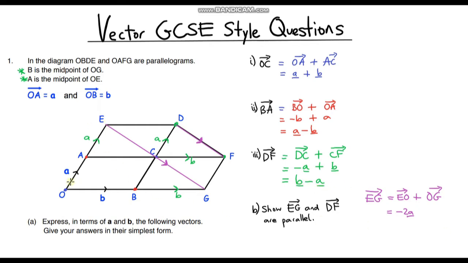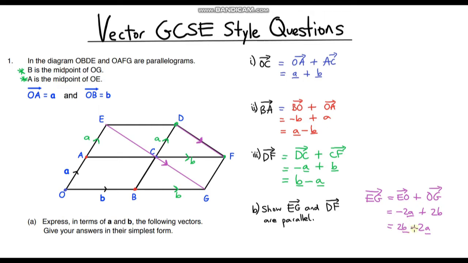Okay, so from E to O, that's negative 2a. And then from O to G, that's going to be plus 2b. Or we can rewrite this as, if we put the b's first, 2b minus 2a. Now, is this a scalar multiple of our vector DF? Well, yes, it is.